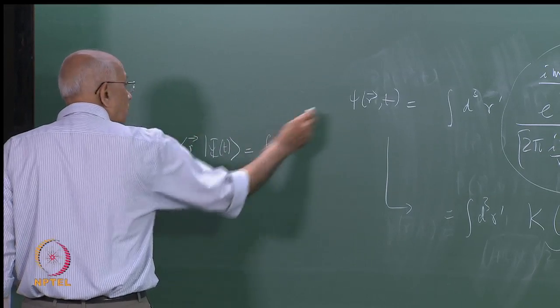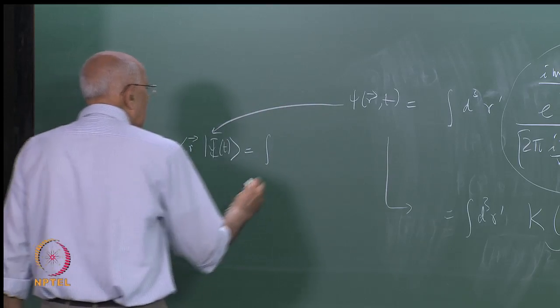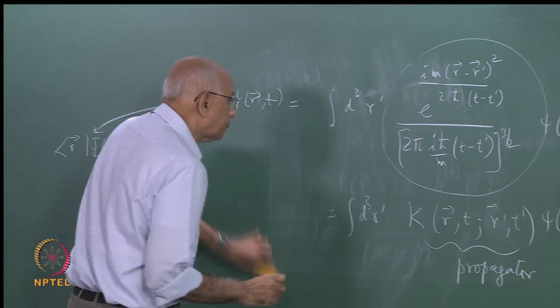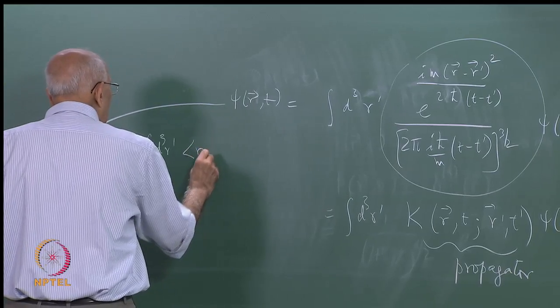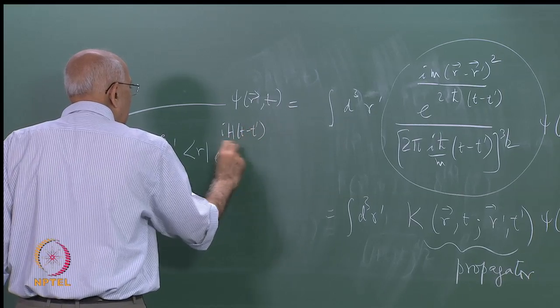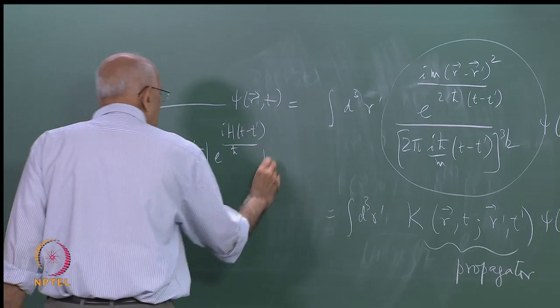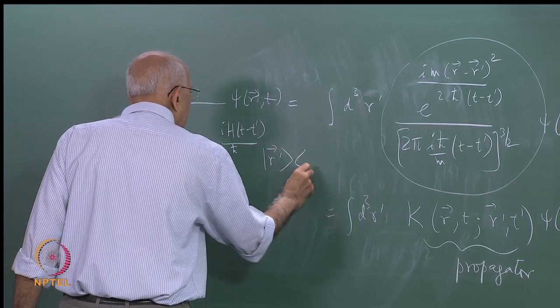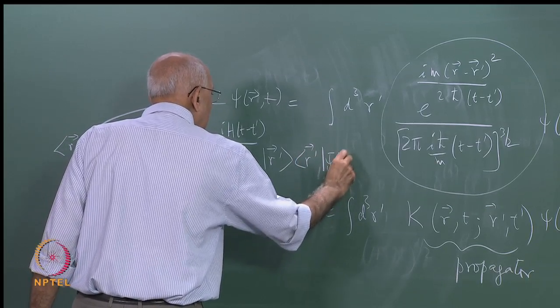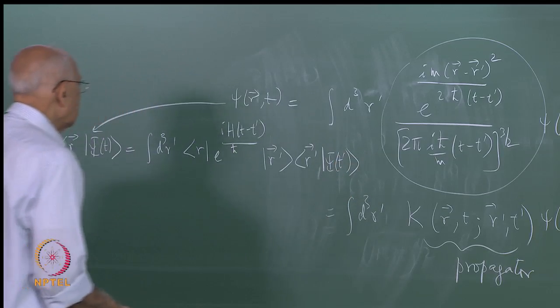<r|psi of t>, that is what this quantity is, has been written in the form ∫d³r' <r| e^{-iH(t-t')/ħ} |r'> <r'|psi of t'> in this fashion.